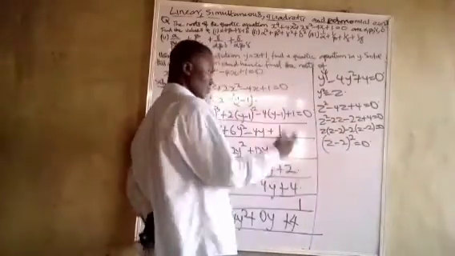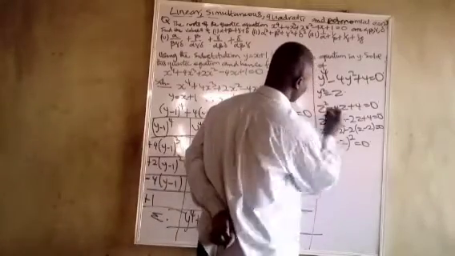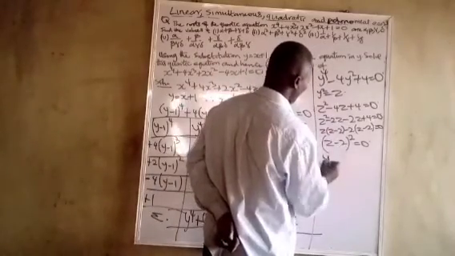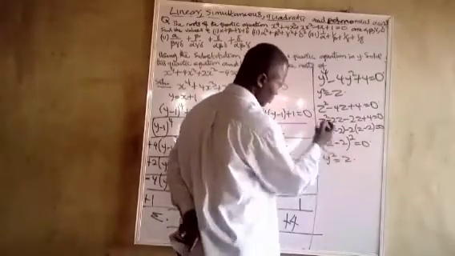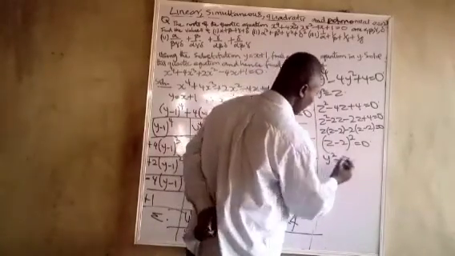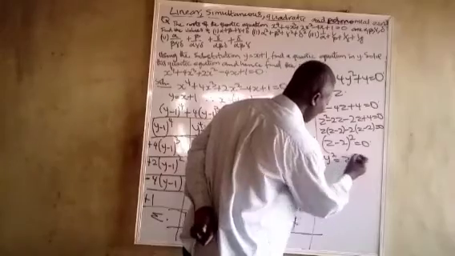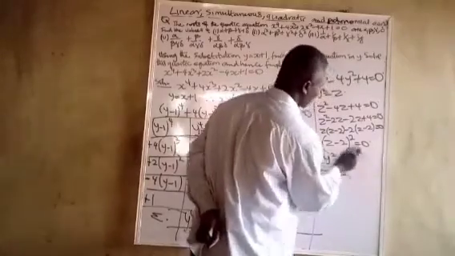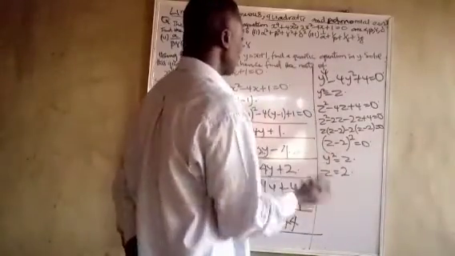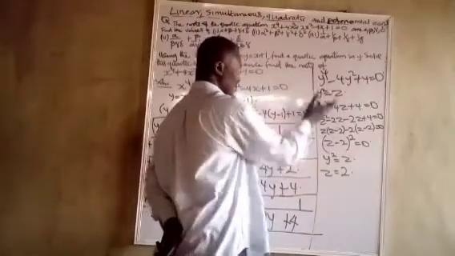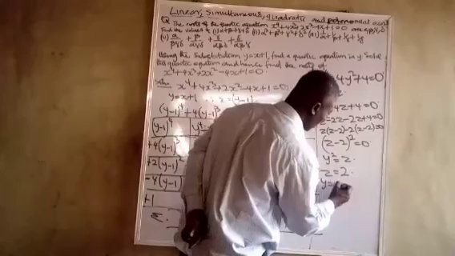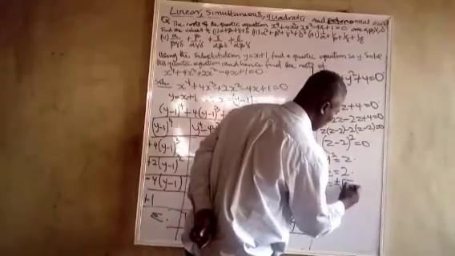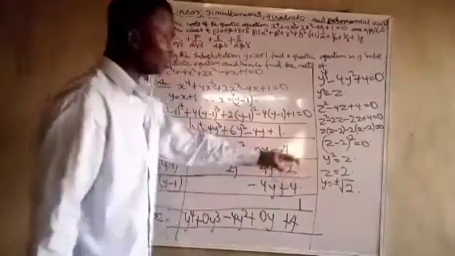So, since y squared equals to z, I can now see that z is equal to 2 twice. And you can see that. So it means that y is equal to plus or minus root of 2. That is y. Plus or minus root of 2.